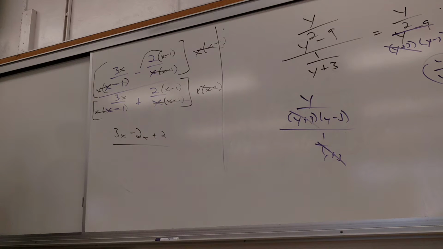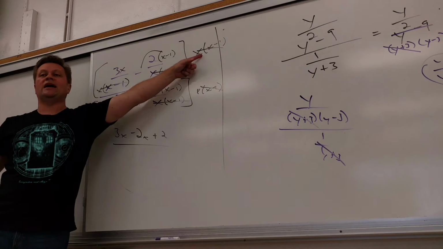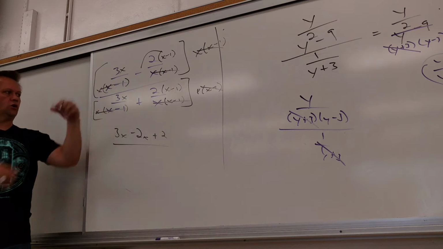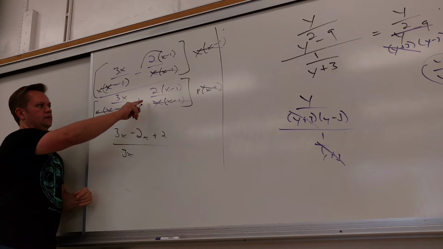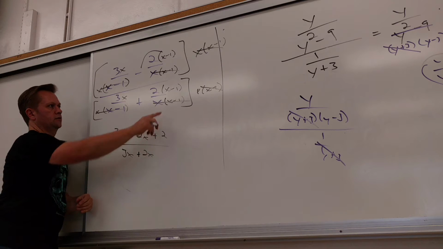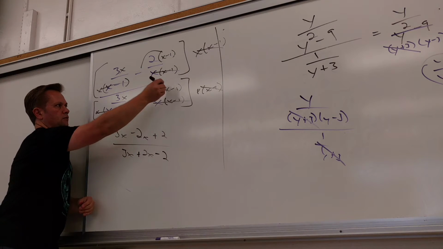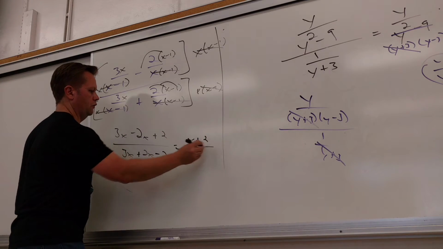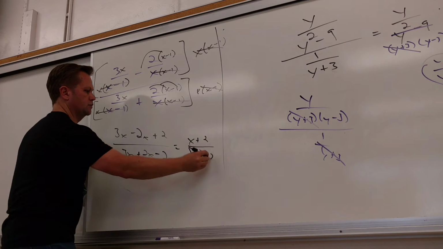Once I make all the bottoms the same, they pretty much just go away because I multiply by that thing. And then I'm just left with the tops over 3x plus 2x minus 2. So then you do get x plus 2 over 5x minus 2.